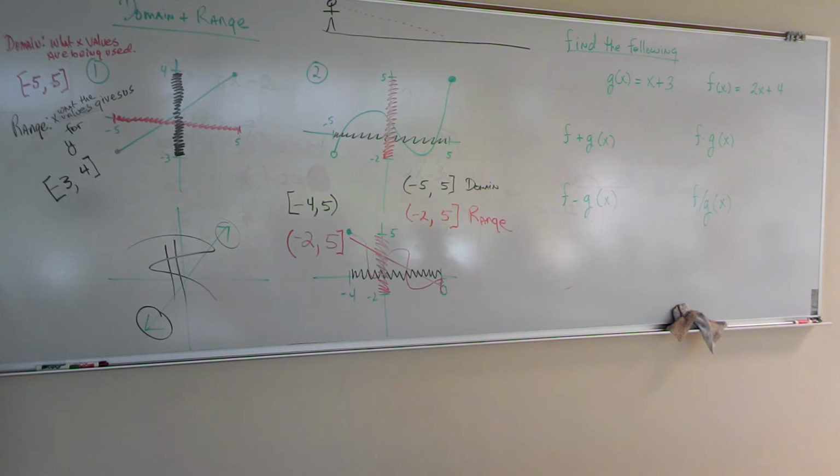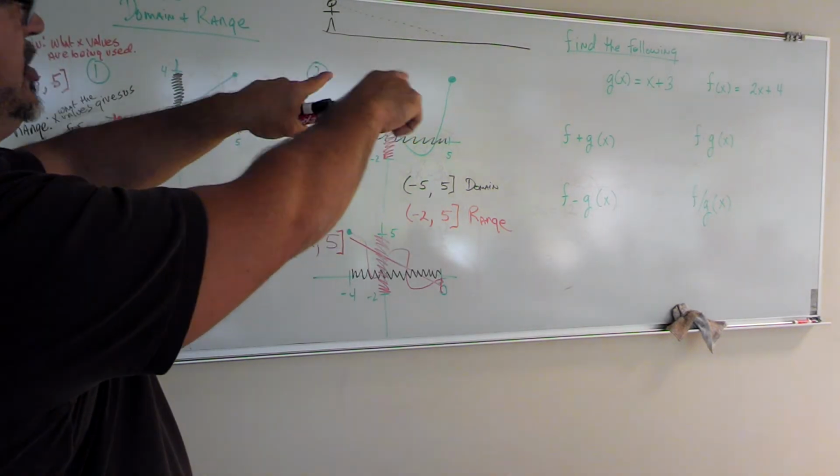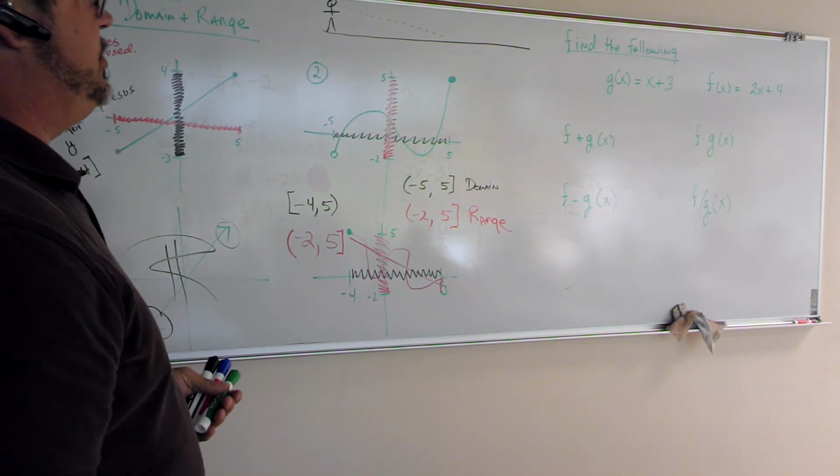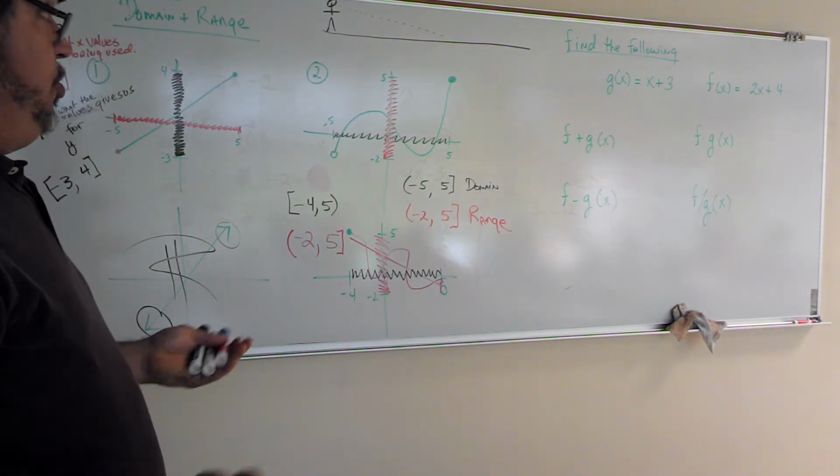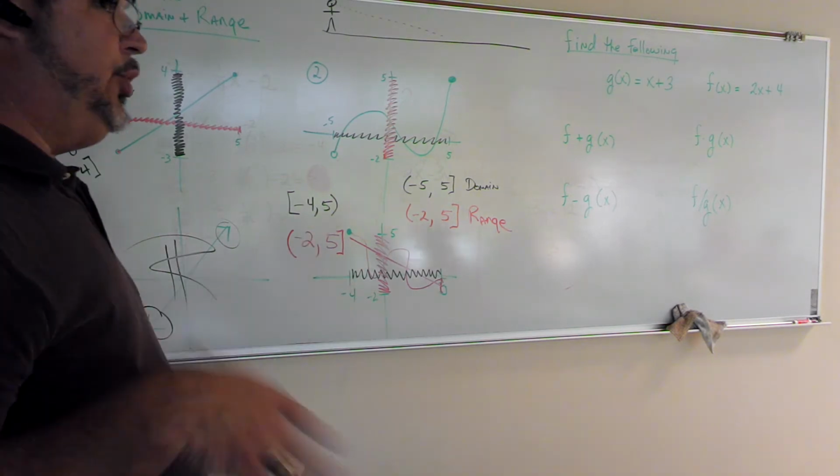No, you're wrong, please. Okay, fine. What does it mean? It means I'm gonna take those two equations, or two expressions up there, x plus 3 and 2x plus 4, and do what? Plug them in. I'm gonna add them. That's all it means. Remember me going over this?